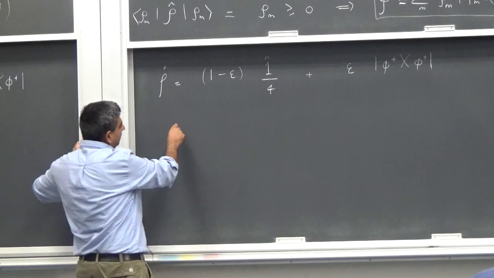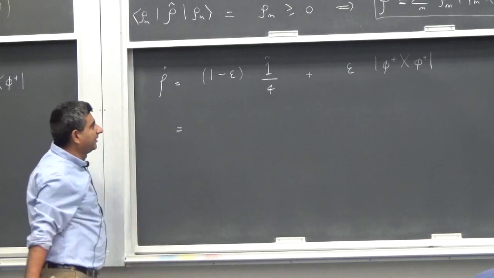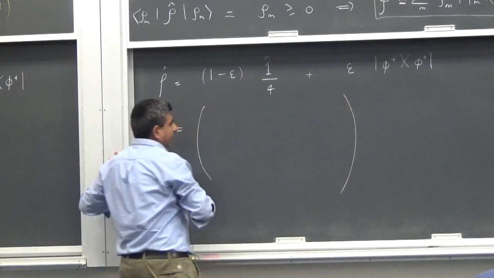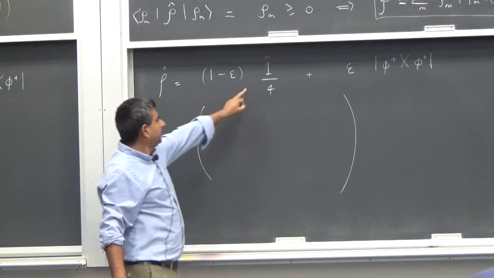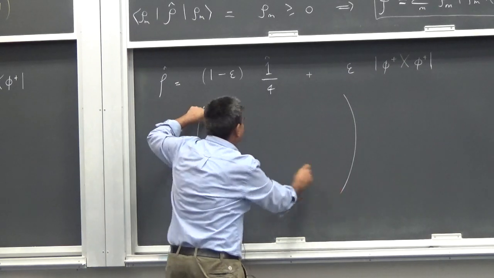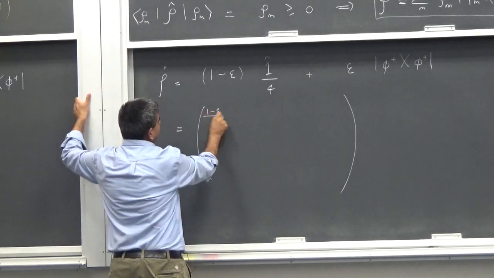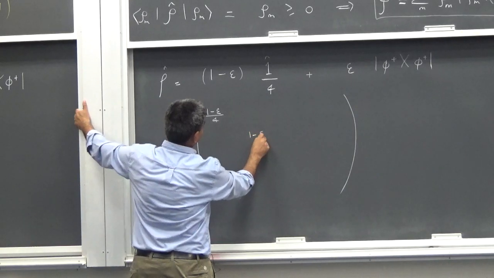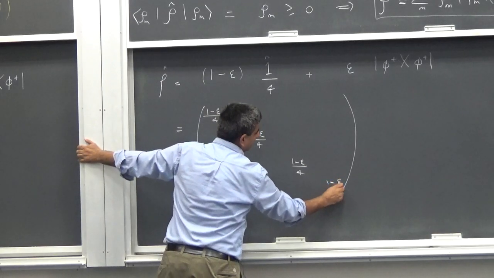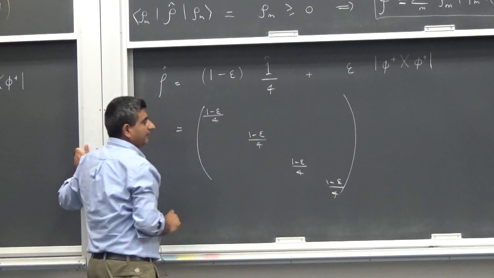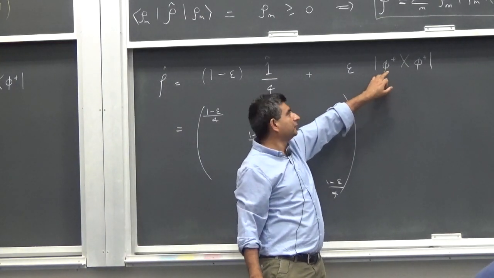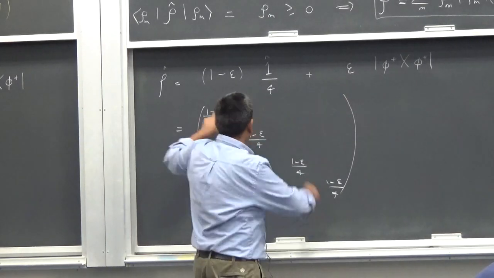One easy way of doing this is to first write this in matrix form. It will be a 4 by 4 matrix. Identity over 4 has 1 over 4 on all the diagonal values, so (1 minus epsilon) over 4 on each diagonal entry. Plus I need to take into account these terms. These will give me epsilon over 2 at the four corners.